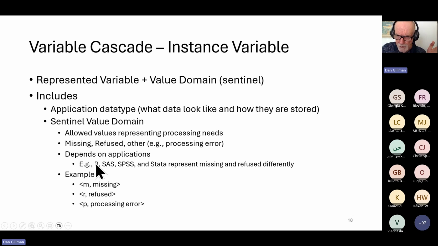It turns out that R, SAS, SPSS, and Stata all represent missing and refused in different ways. But an example might just be that you use M for missing, R for refused, and say P for processing error. I don't think that corresponds to any one of those four, but it's a way it could be done.